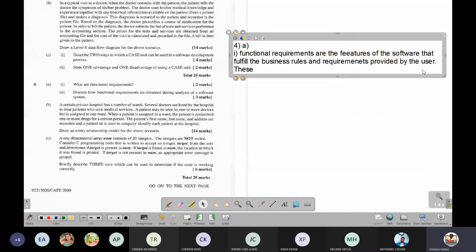These allow the user to achieve the task or goals of the system. Okay?